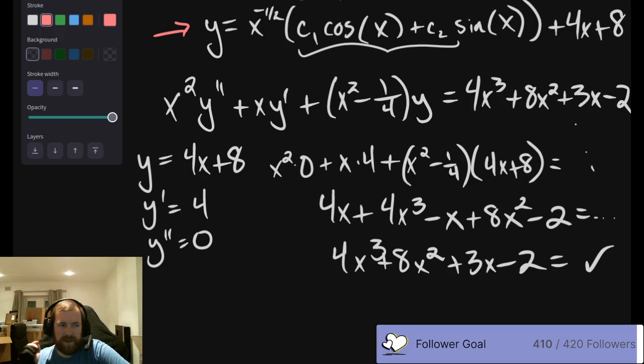So yeah, the theorem of superposition is saying that if we want, you could take any linear combination of cosine and sine multiplied by x to the negative 1/2, and then add 4x plus 8, and you will always, no matter what those C1 and C2 values are, get the polynomial that's over on the right there. So that's the 4x cubed plus 8x squared plus 3x minus 2.